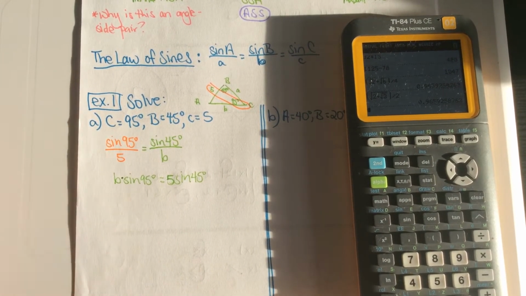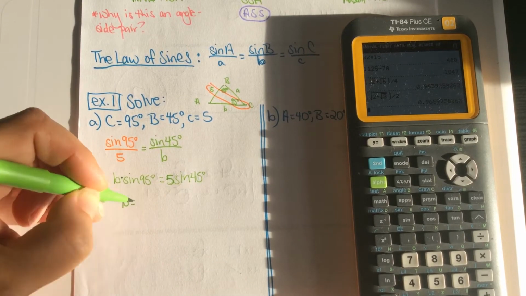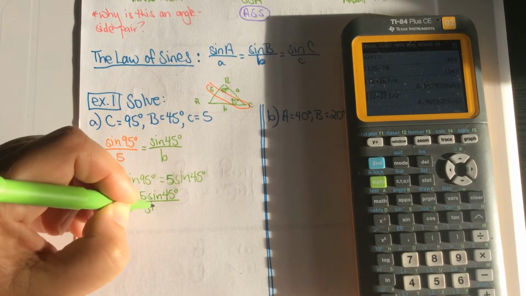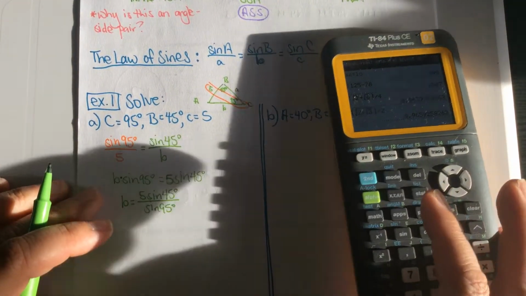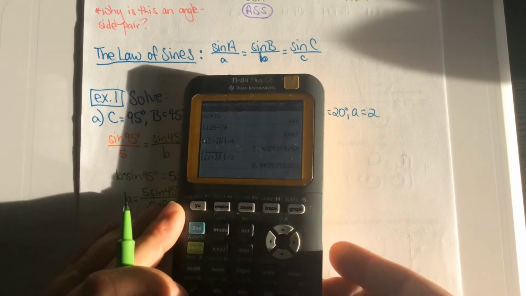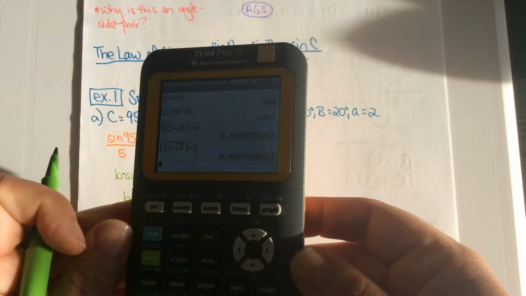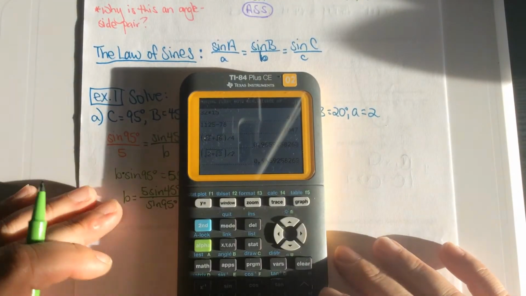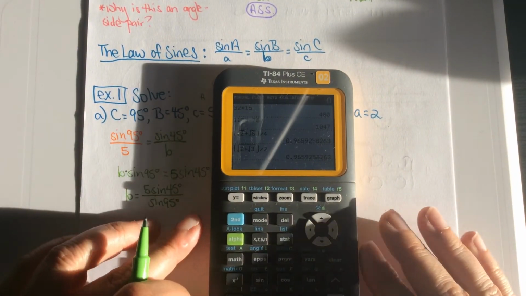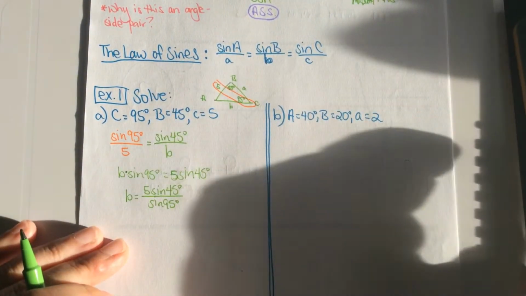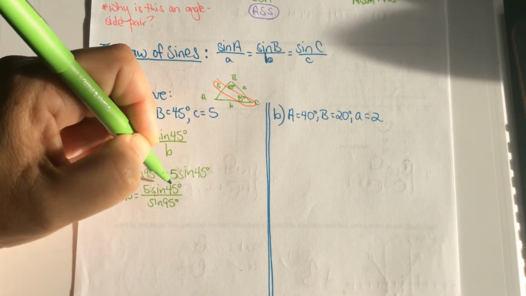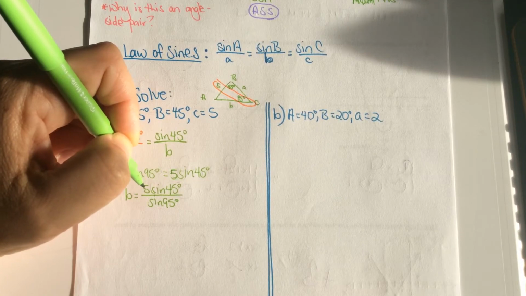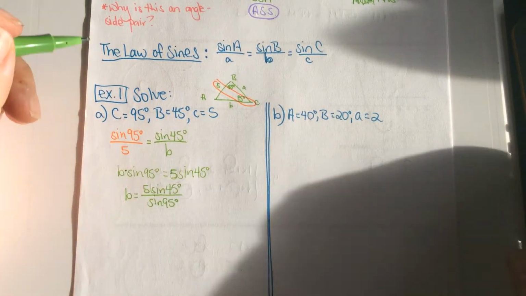This is attached with multiplication, so I'm going to divide both sides by sine of 95. And I hope you can see this, with the glare of the sun coming in my back window. I'm literally just going to type this in. With a scientific calculator, you might have to do sine of 45 and hit enter, then multiply that by 5 and hit enter, then divide that by sine of 95.